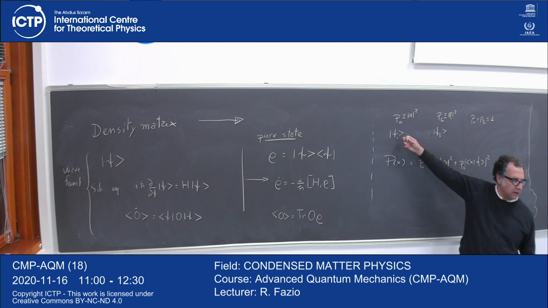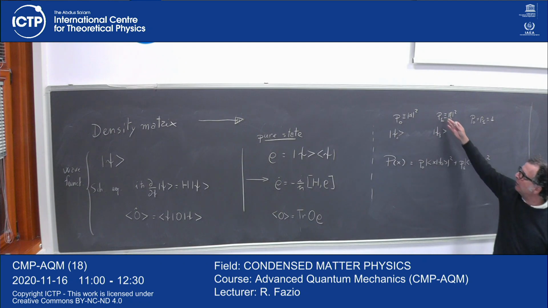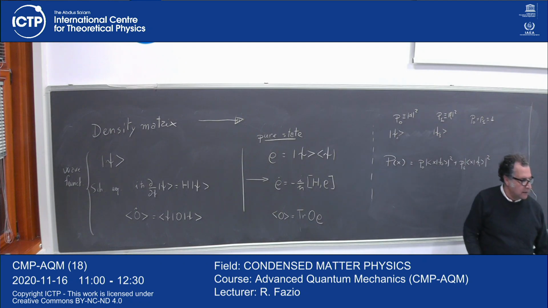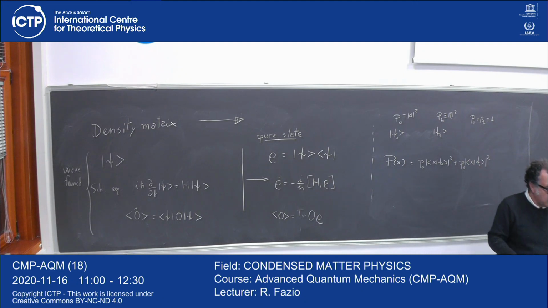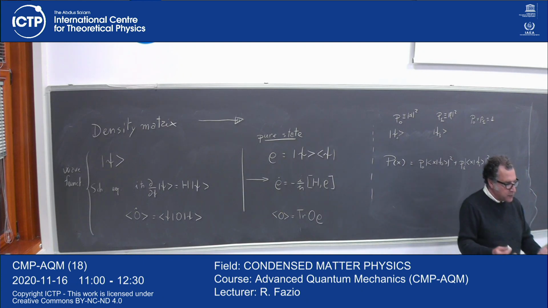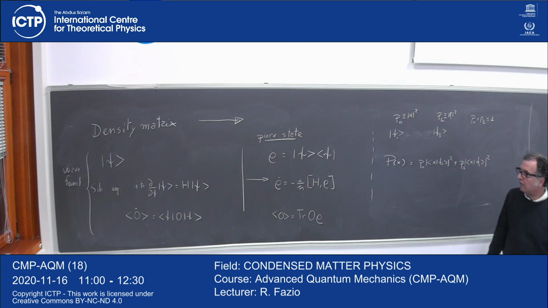I said, if I have this P0, I have this psi 0 with probability 1, I have psi 1. But I don't have a wave function associated with this ensemble of systems. We have this statistical description in which we have an ensemble of quantum systems.